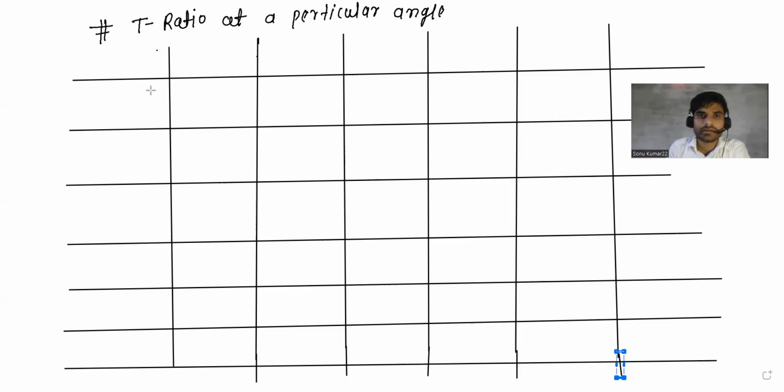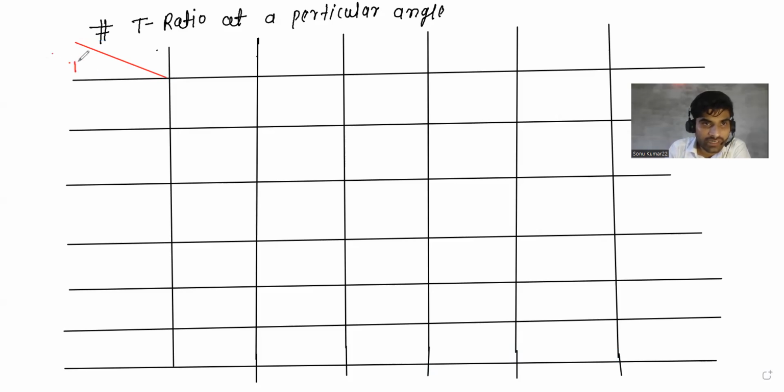Now see here, everyone. So we are going to take here the T ratio. Let me change the color.